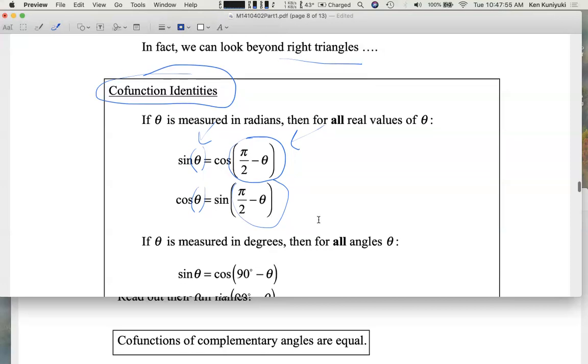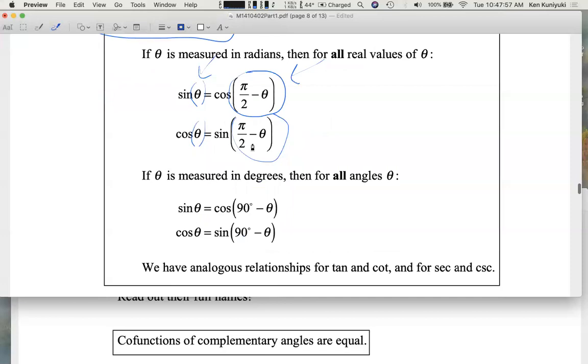Speaking of degrees, if theta is measured in degrees, then basically we replace pi over 2 radians with 90 degrees. The sine of theta in degrees is equal to the cosine of 90 degrees minus theta, because theta and 90 degrees minus theta are complementary. They add up to 90 degrees. Likewise, the cosine of theta equals the sine of the complement, 90 degrees minus theta.